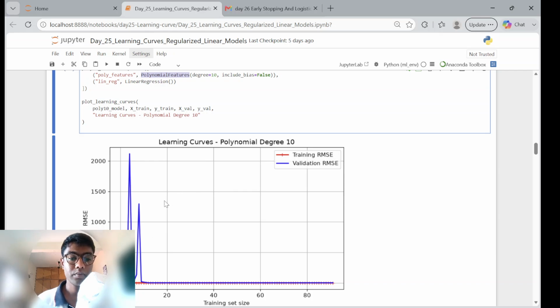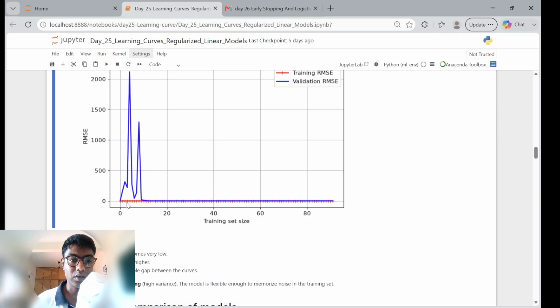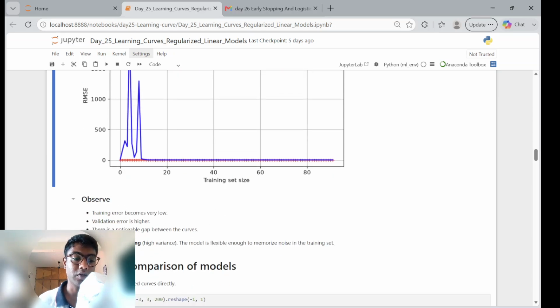As you could see, with the small data set here, initially the training error is super low because we are overfitting the model, and the validation error is a huge spike, which should give us an understanding of overfitting.